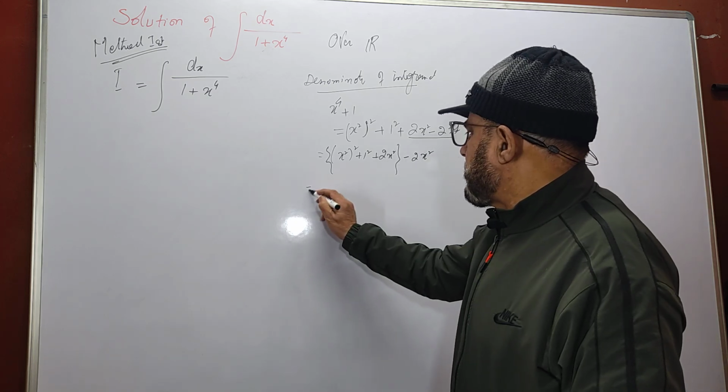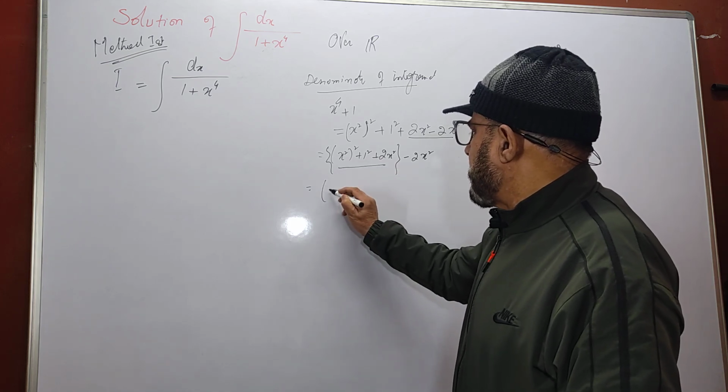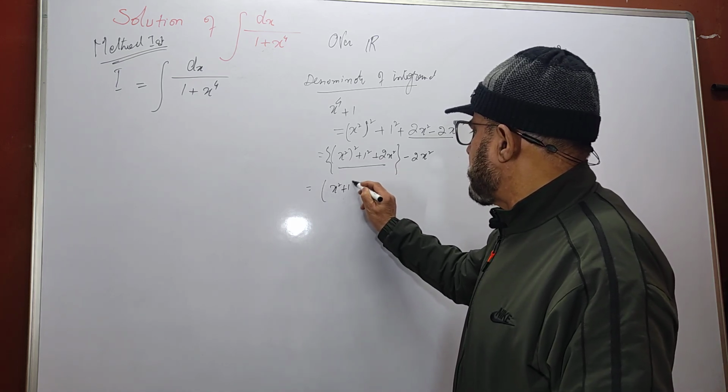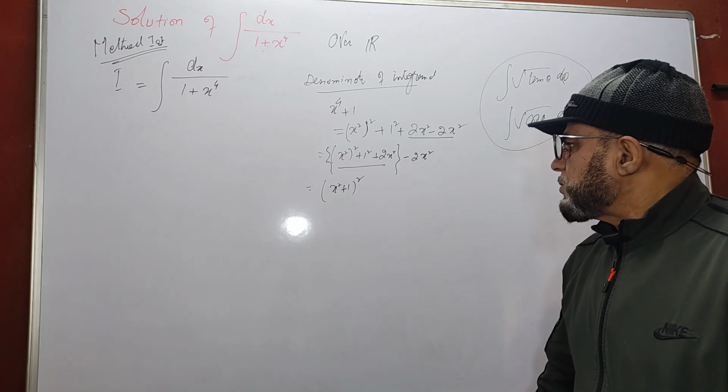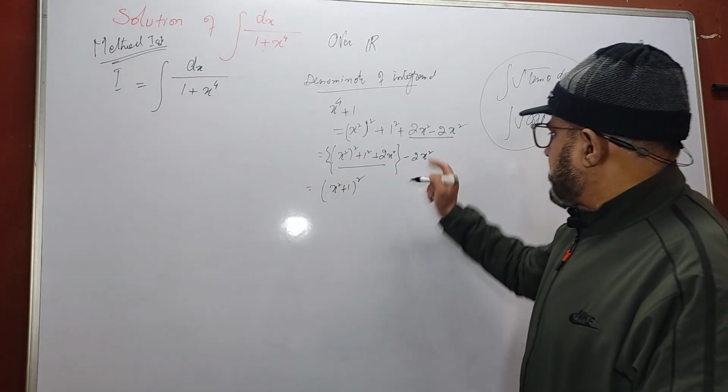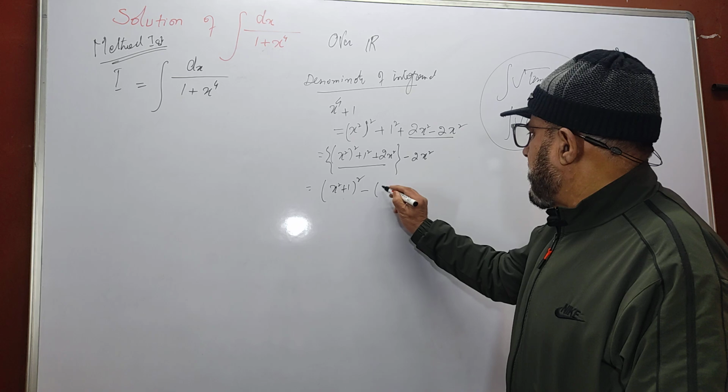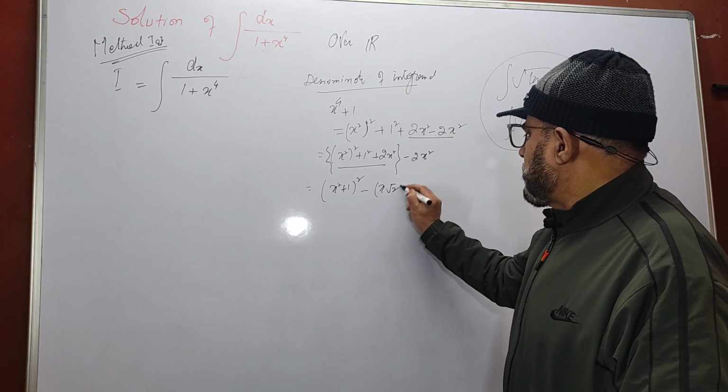Look, this is your formula. Now you can write it as (x^2 plus 1) whole square, that is x^4 plus 1 plus 2x^2. Then this I can write minus (x root 2) whole square.